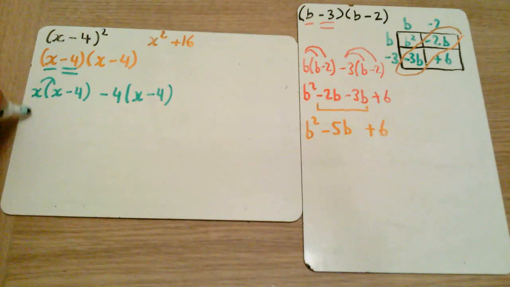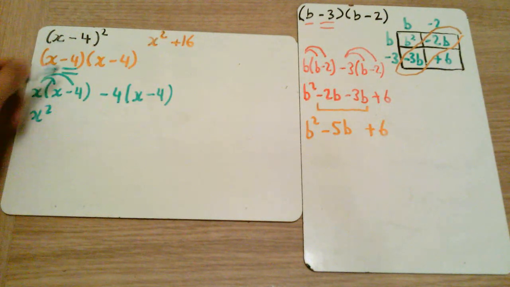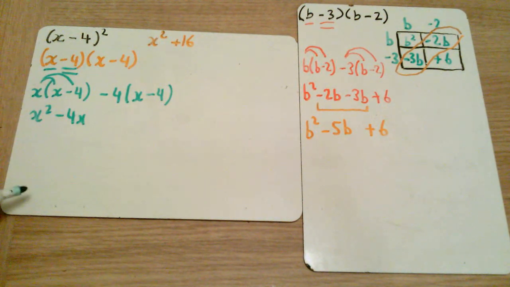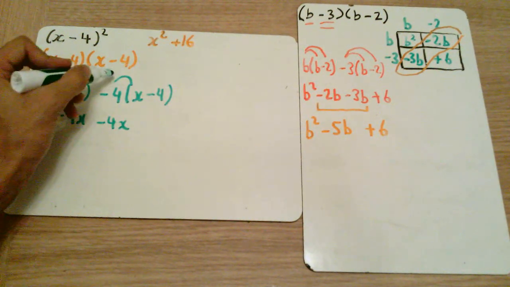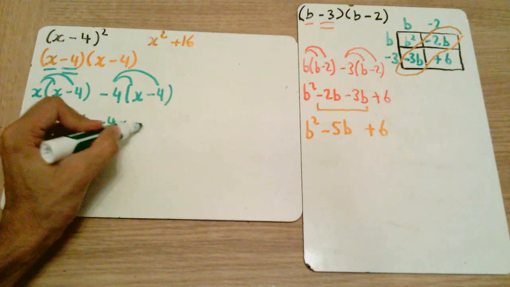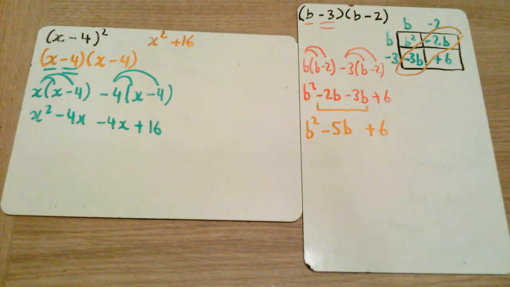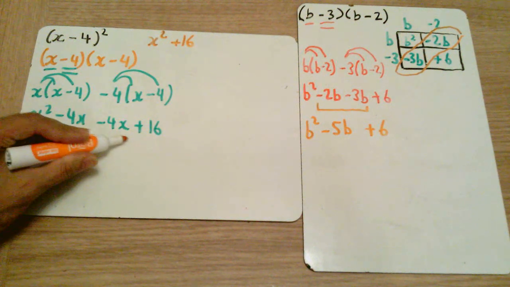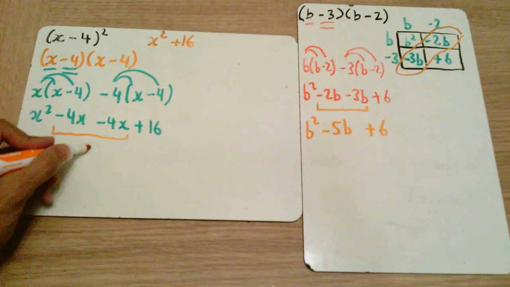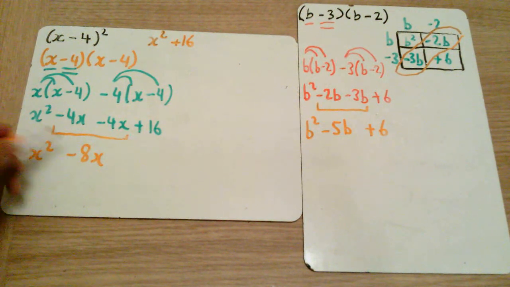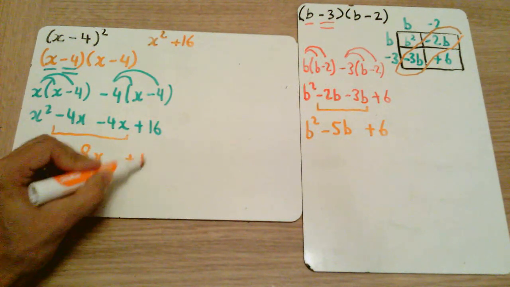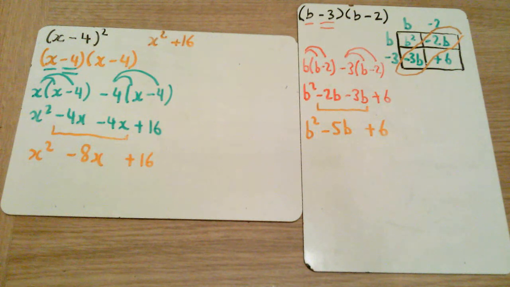If we expand, x squared minus 4x, we then have another minus 4x, and then finally minus 4 times minus 4 gives plus 16. We do have like terms in this case, and we can see that minus 4x gives us minus 8x, which means our final answer is x squared minus 8x plus 16.